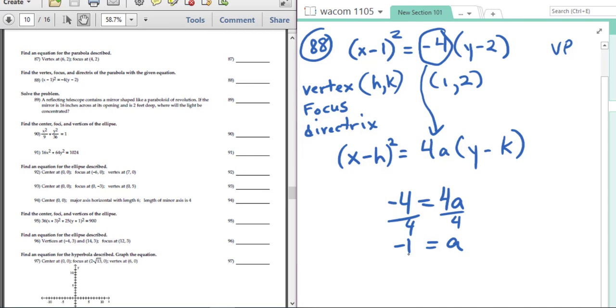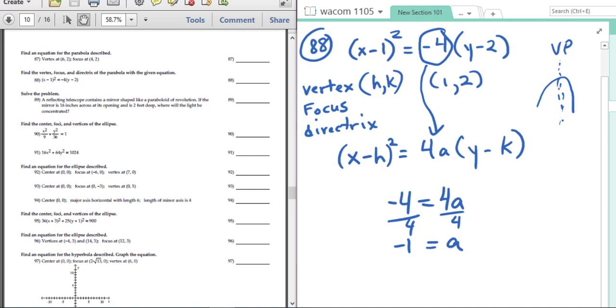All right, so we have a vertex, we have x squared. All right, x squared is vertical. If a is negative, that means it's going to turn upside down like this. So we know how it looks. So from our vertex, the focus is going to be on this line.